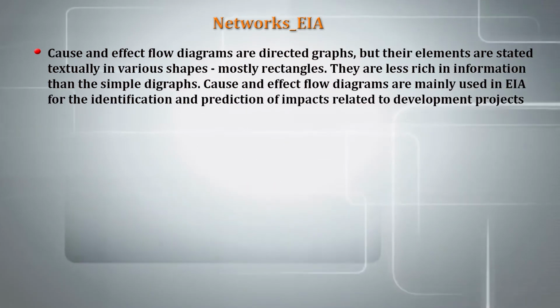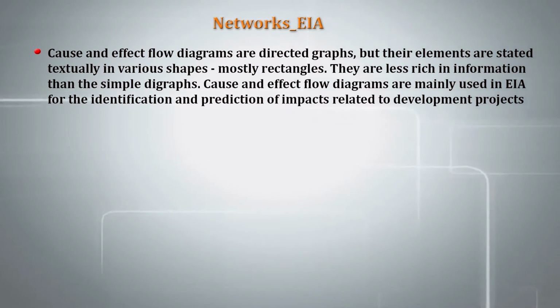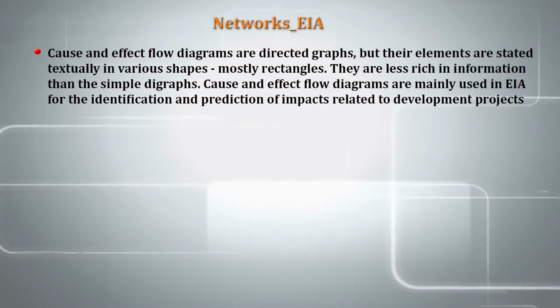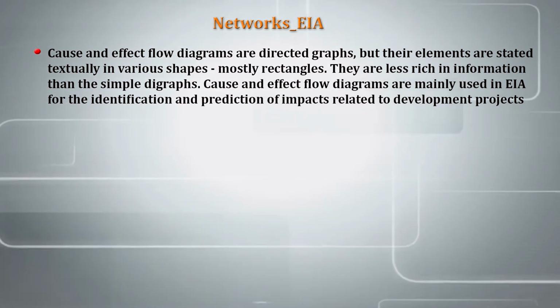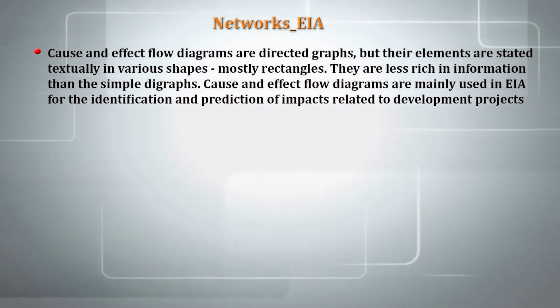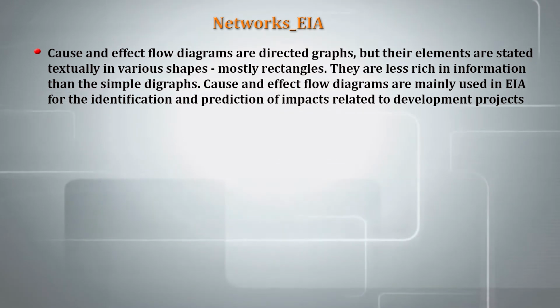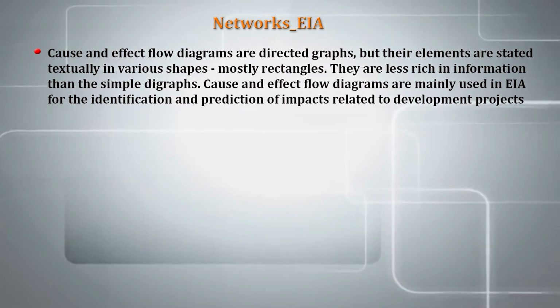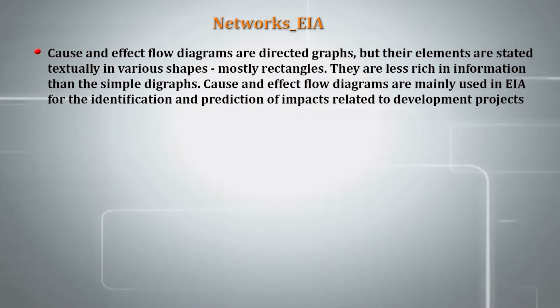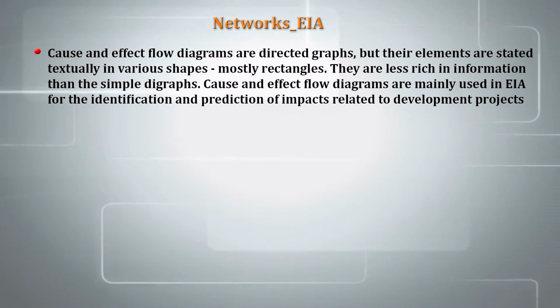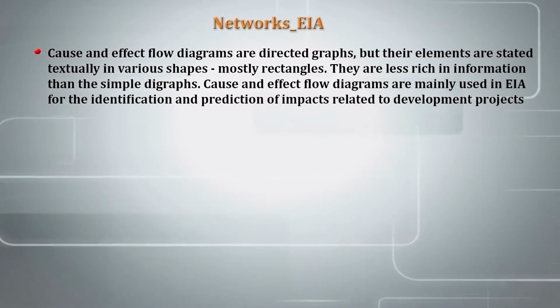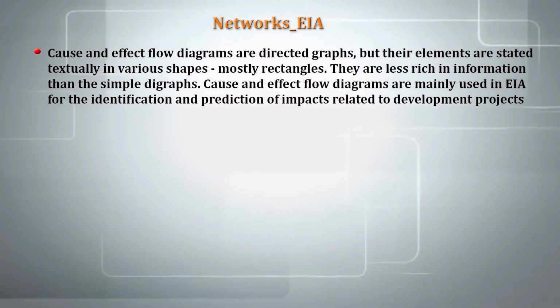As far as cause and effect flow diagrams are concerned, they are directed graphs, but their elements are stated only textually in various shapes, maybe a rectangle or a square. So they are less rich in information than the simple digraphs. The cause and effect flow diagrams are mainly used in EIA for the identification and prediction of impacts related to development projects.